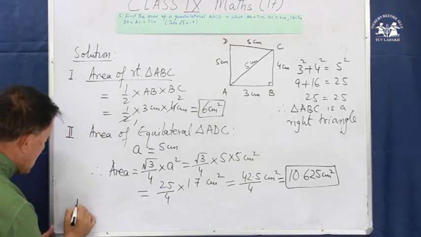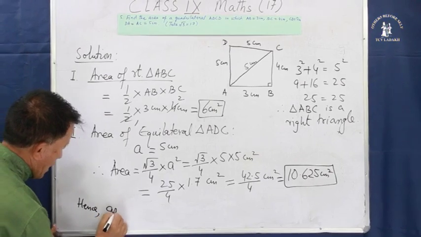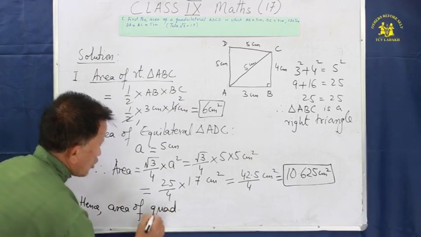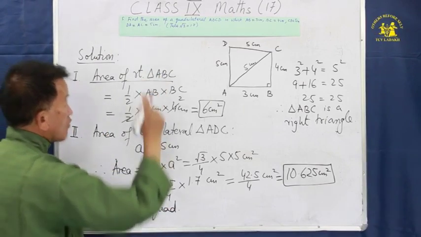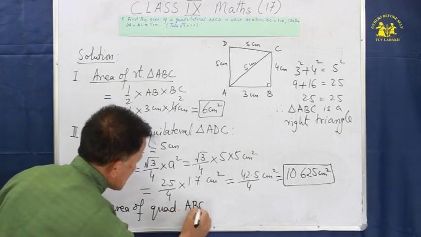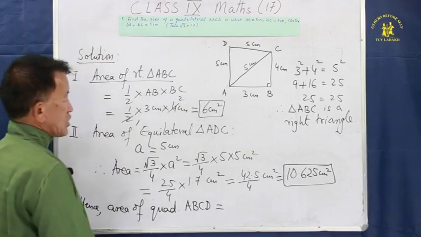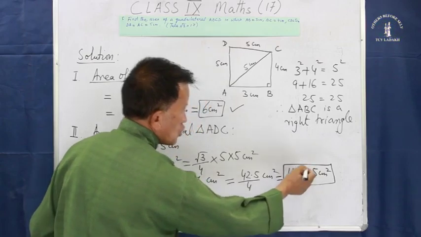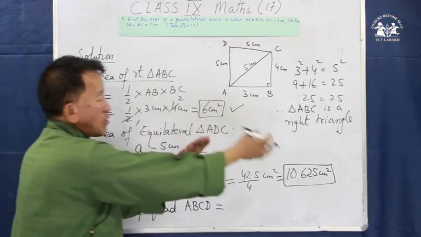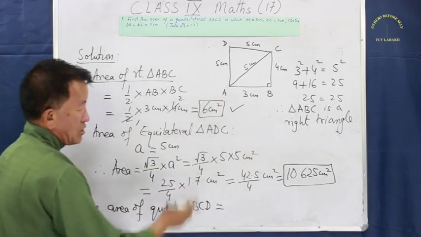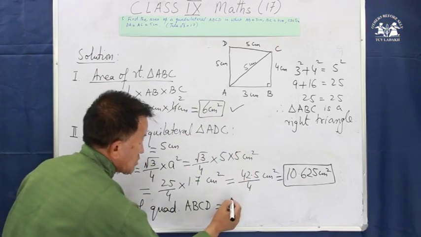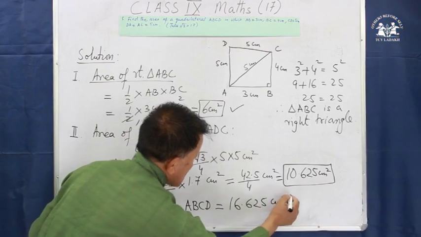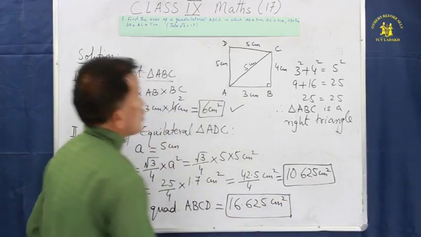So hence area of quadrilateral ABCD is equal to the sum of these two, 6 square centimeter plus 10.625 square centimeter. This is a simple addition, so it comes out 16.625 square centimeter, right?